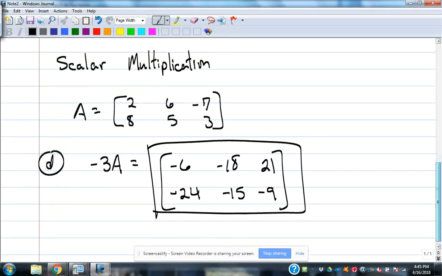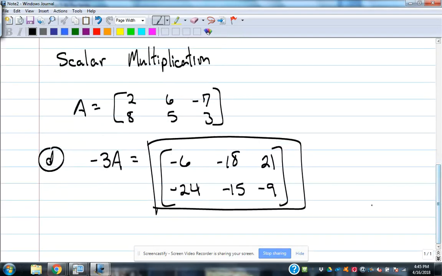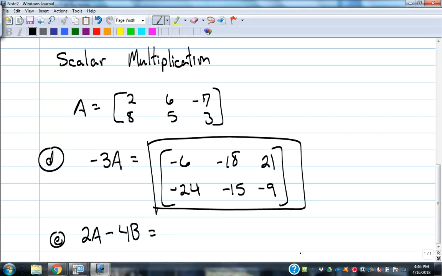Scalar multiplication can also be used in matrix operations combined with addition or subtraction. So you might have a problem that says 2A minus 4B. And you're supposed to work that out. Let's use matrix A and B from the top.